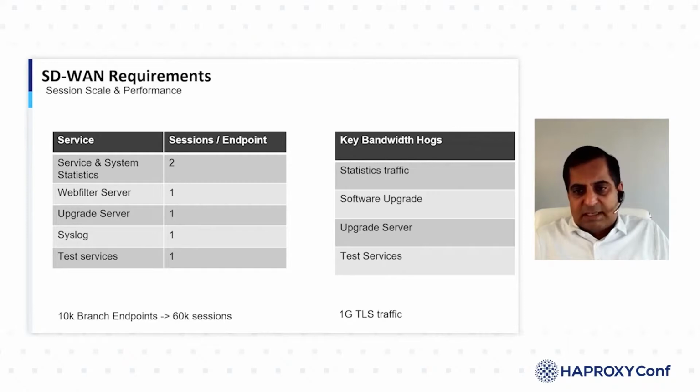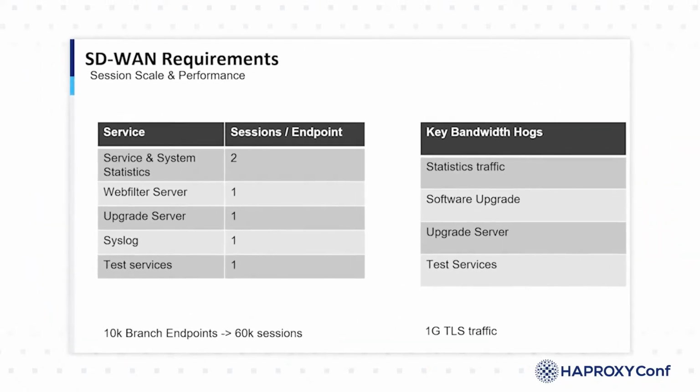On the performance side, there are 3 traffic types which are the key culprits or the bandwidth hogs from a NUH perspective, or the utility host perspective. Statistics traffic, which is traffic for statistics going from the various endpoints to the centralized components. And then we have the software upgrade traffic and the test services traffic.